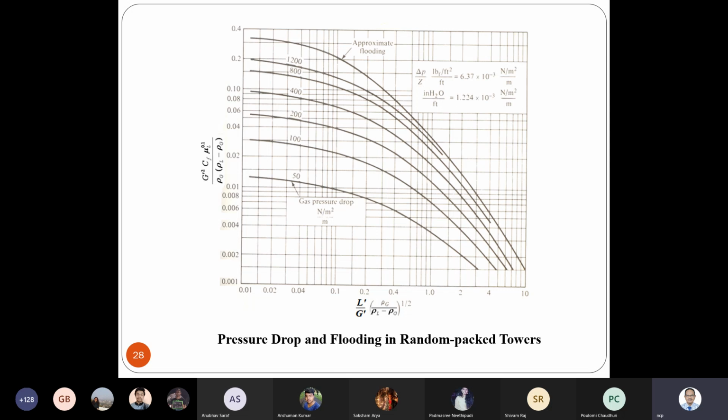Once you know that, you can find out the diameter, right? So this way we can find out the diameter of the tower by considering the flooding velocity, or this flooding characteristics plot for this particular tower.